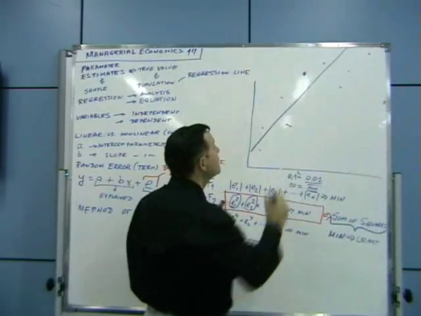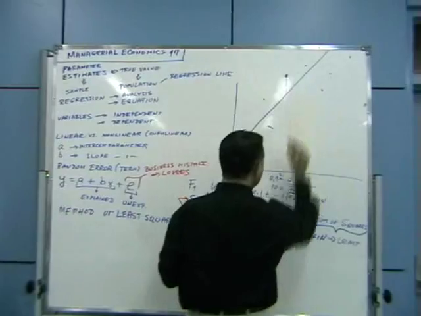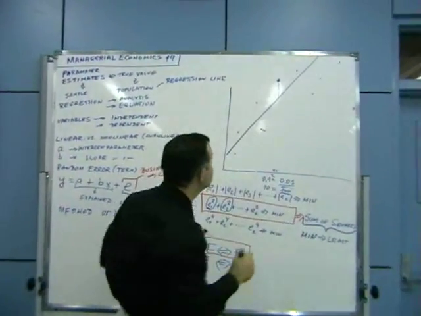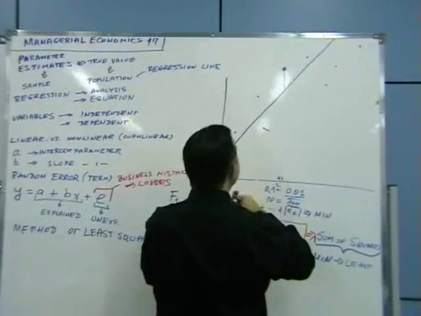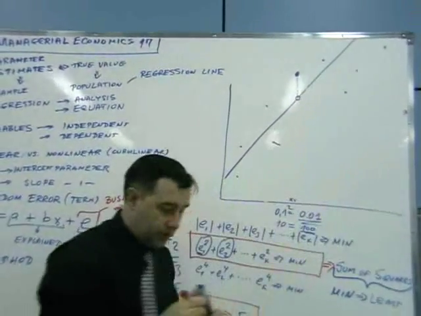Well, this observation is represented by, if this is, let's say, x1, the first observation, this point here.